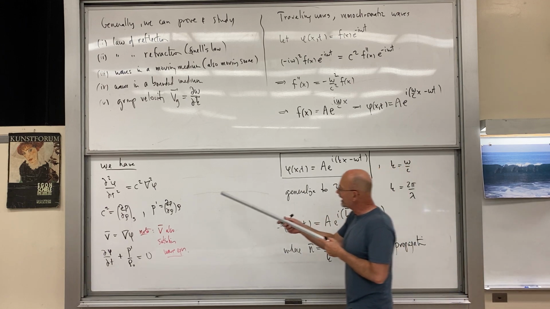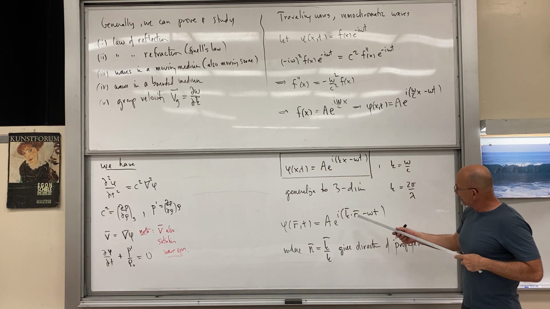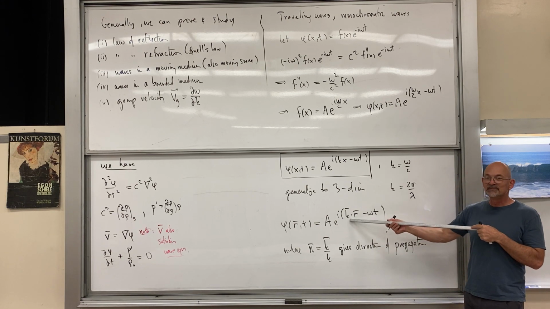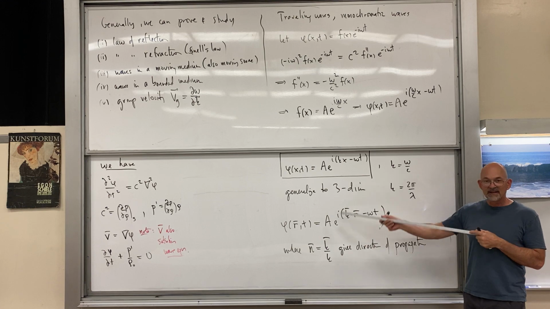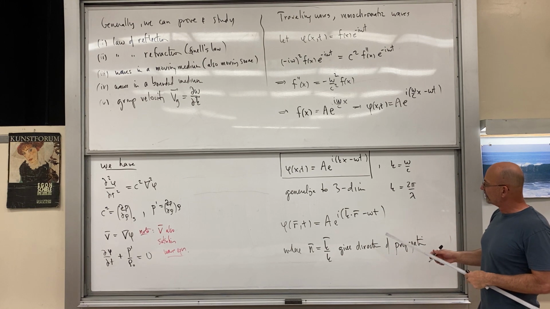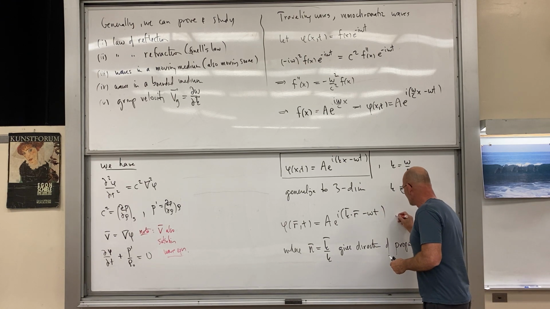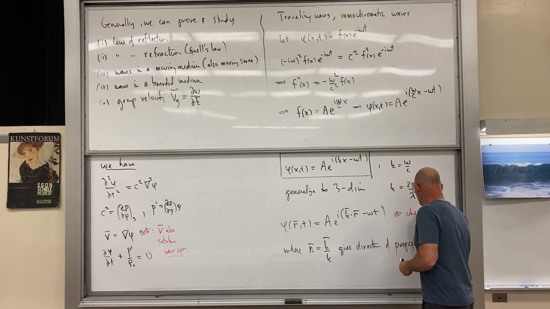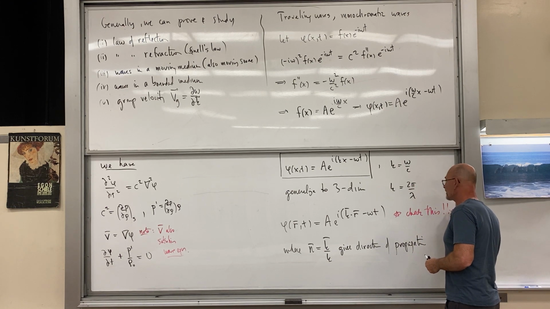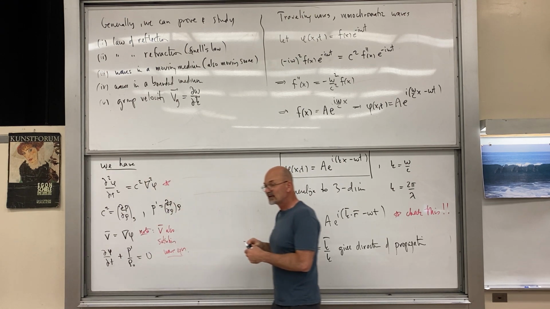The three spatial derivatives, c squared times those, are going to give k sub x squared plus k sub y squared plus k sub z squared, which is k squared. So make sure you see this. Check this, make sure you agree that that's what's going on.